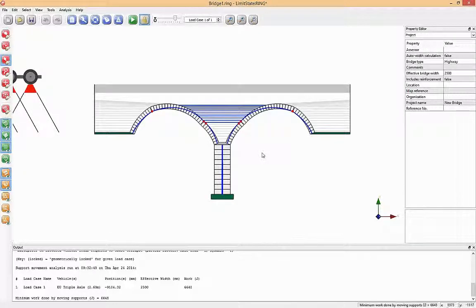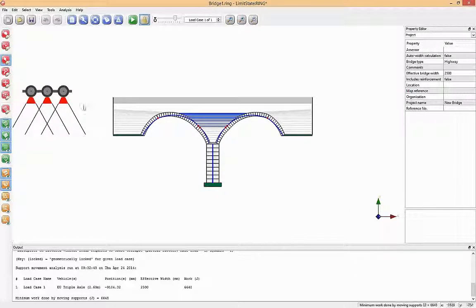And it's quite common that you might find this scenario in a multi-span bridge, that the foundations under the pier are a little bit less robust, if you like, than the foundations underpinning the abutments.